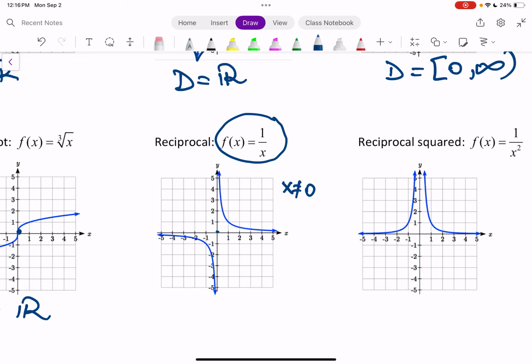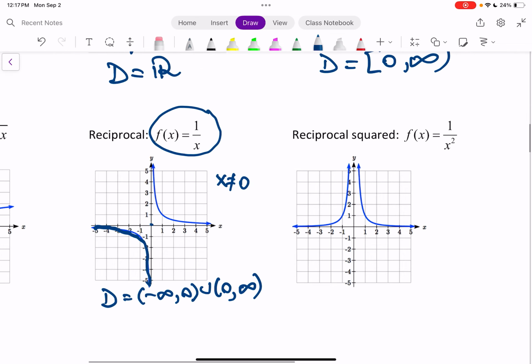So it has no point on this graph where x is 0, right? So again, the domain is, I'm going from negative infinity all the way to 0, not including it. So that's this piece right here, up to as close as possible to 0, but not including it. And then skipping over 0 and starting on the positive side. Same thing here.